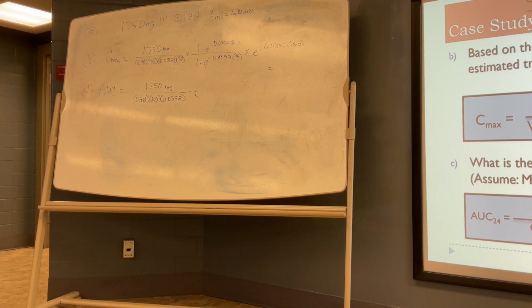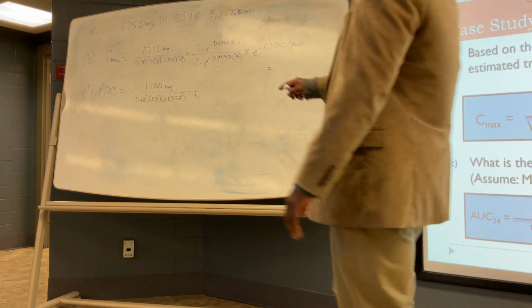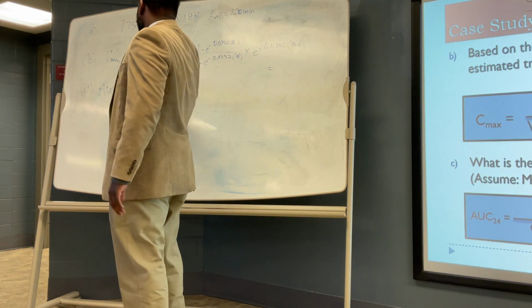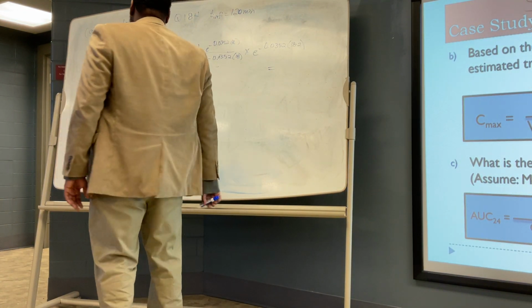She said volume distribution is liters per kilogram, so I'm not sure if it's times 2 or minus 2. Oh, minus 2 at the end. That's elimination. Okay, good.